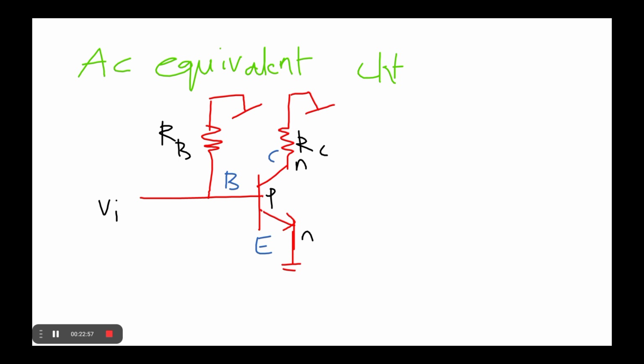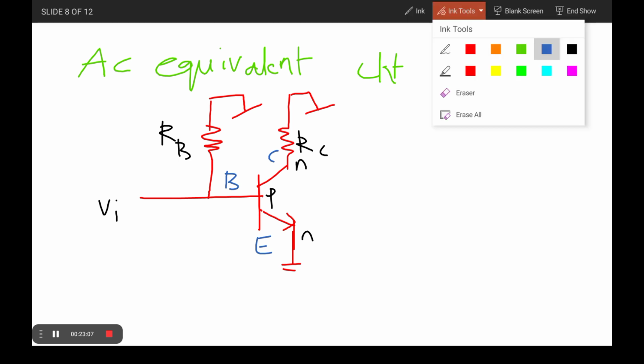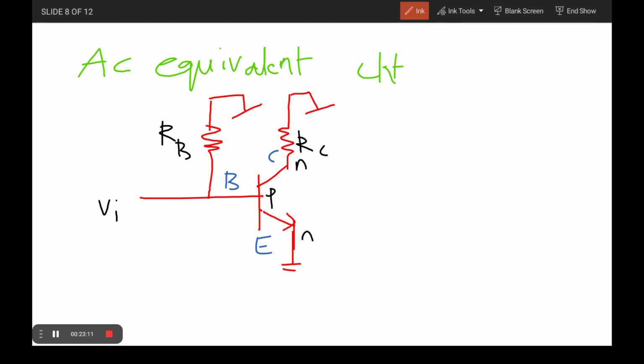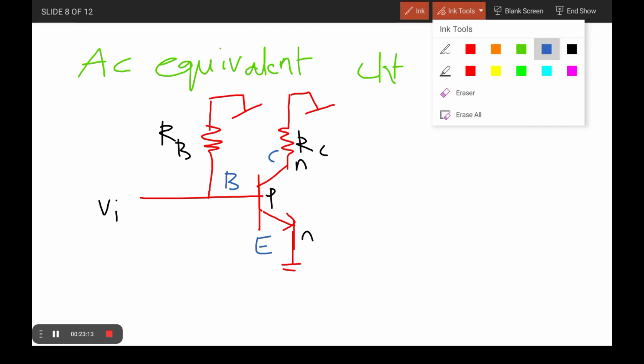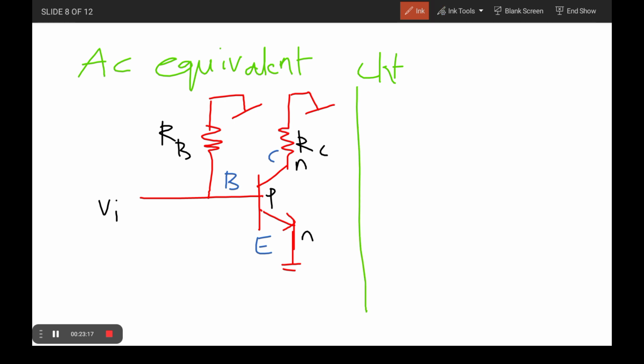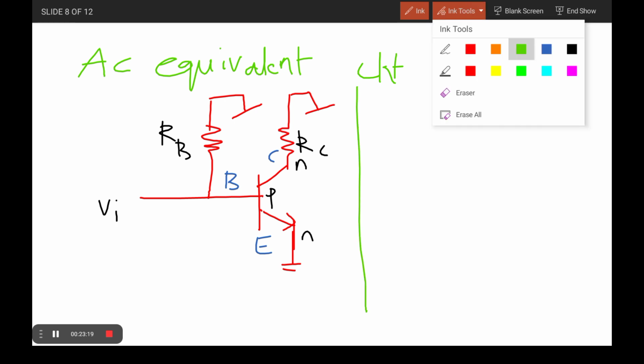Now the equivalent circuit for this one in case of the RE model has just a small variation. This is very important, guys. If you know the basics very clearly, it's a very easy thing. You don't want to compromise at all. Now I have to represent the RE model for this.